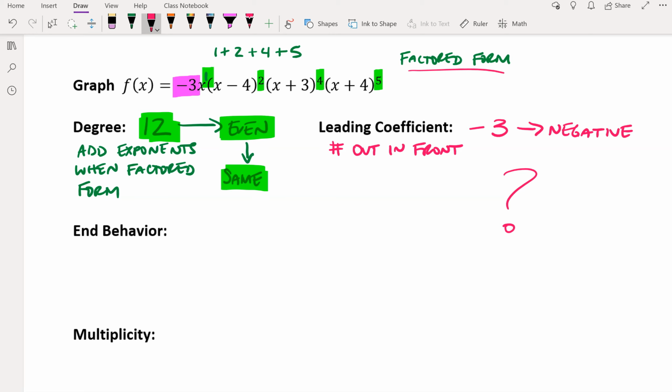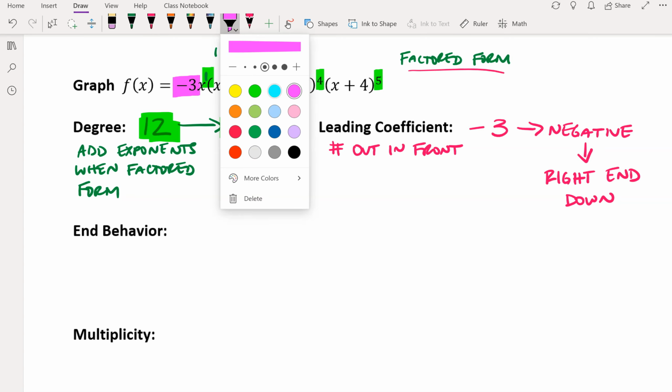Which side of the graph? Which end? Was it the right end or the left end? Go. Okay. The leading coefficient tells us about the right side, the right end. Right end goes down because it's negative.